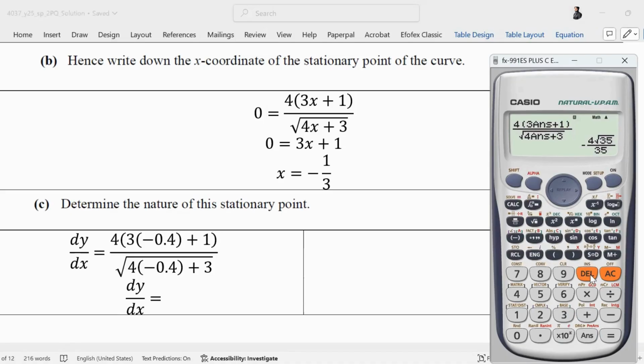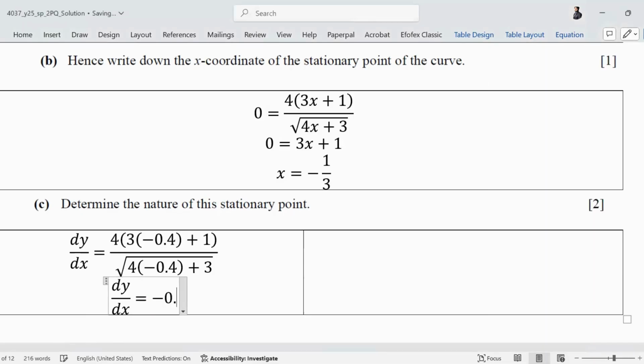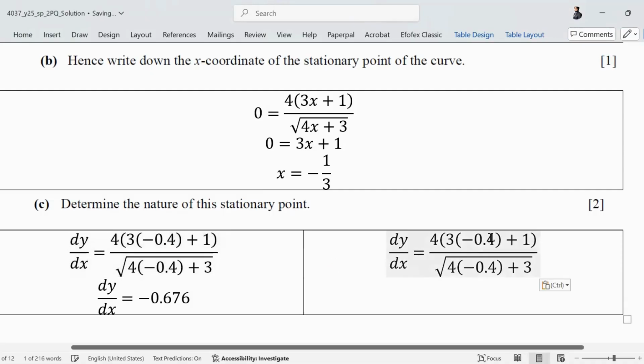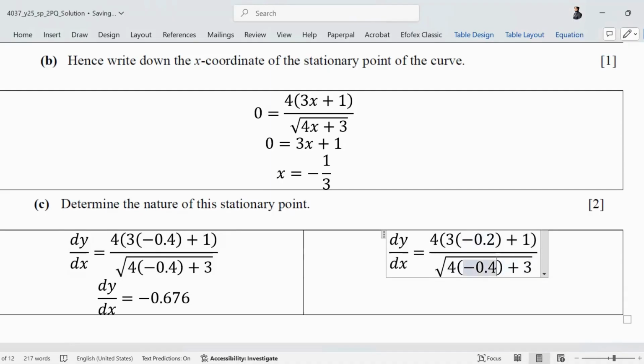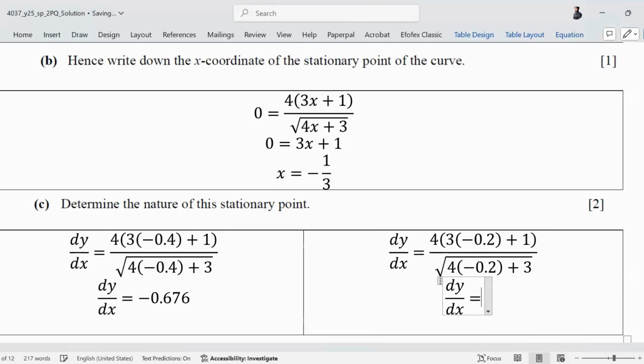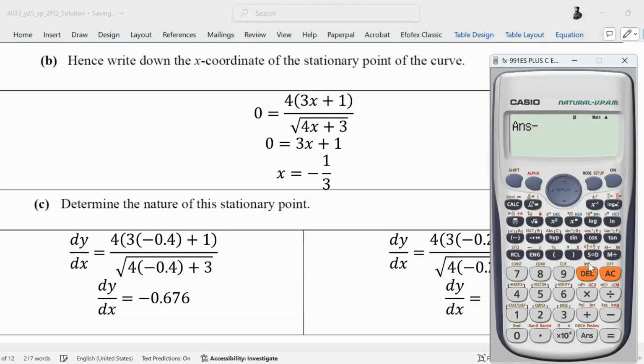So my derivative is negative 0.676. It was negative before the turning point. And if I want to find it after the turning point, I'll be just taking it as minus 0.2. Try to understand. So derivative after the turning point, what will I do? I'll just write minus 0.2.